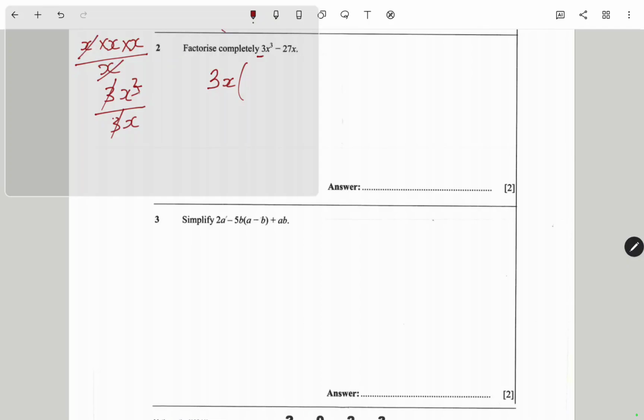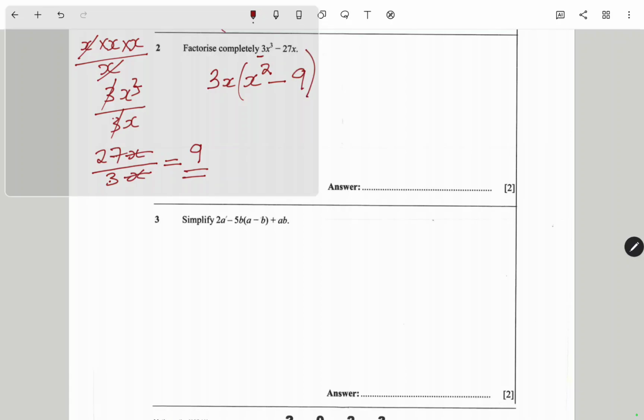That means you're going to remain with 2 x's, which can be expressed as x squared. Minus, again, 27x divided by 3x. The x and the x will divide. 3 into 27, that will give us, is it 9? Yes, that will give us 9. So this is going to be 9 in this case.